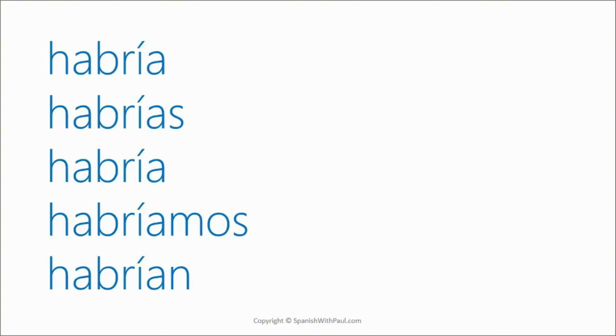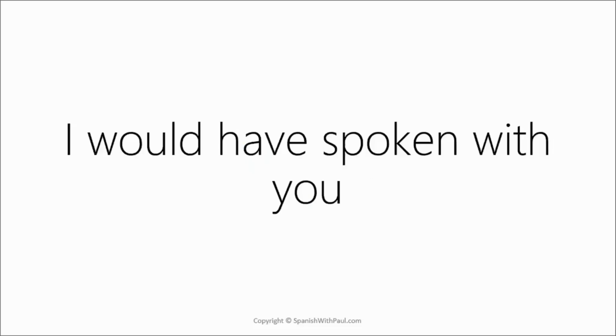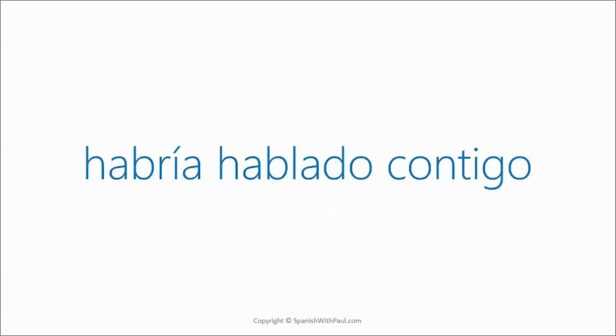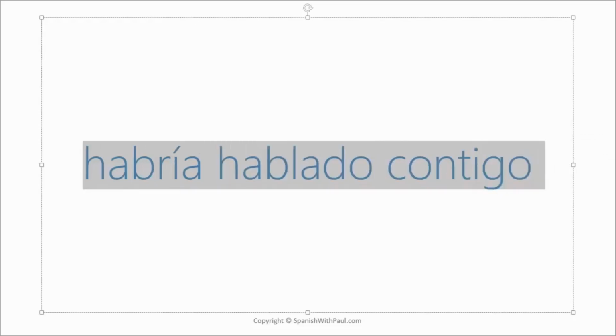And then what we do is combine that with either ado or ido, those sounds, how we get the past participle of the verbs. So if we take a verb like to speak, which would be hablar, how would you say, I would have spoken with you? Habría hablado contigo. So literally, I would have spoken with you.